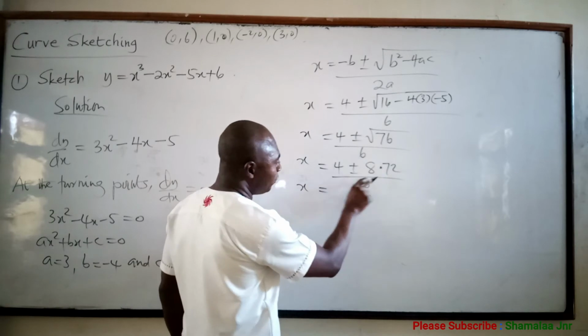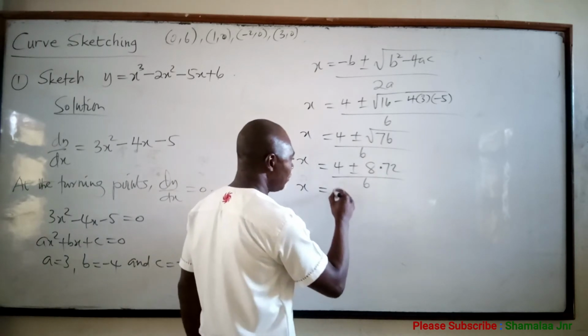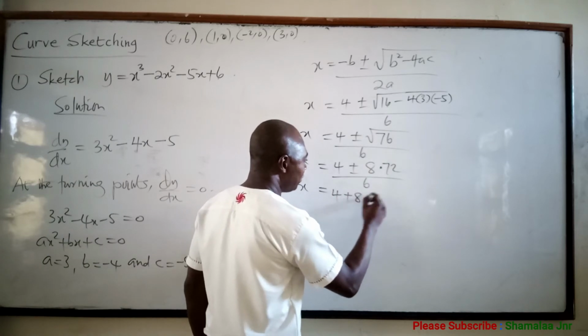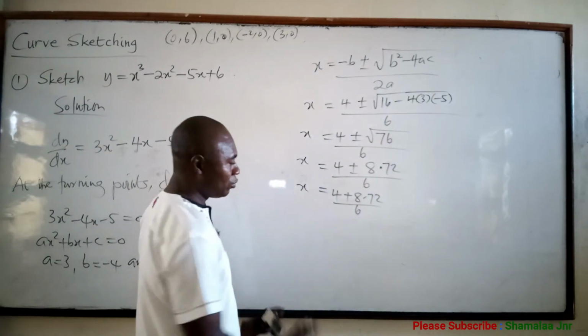The positive will give us one answer, and the negative will give us one answer. So we are going to have 4 plus 8.72 all over 6 to give us one answer.